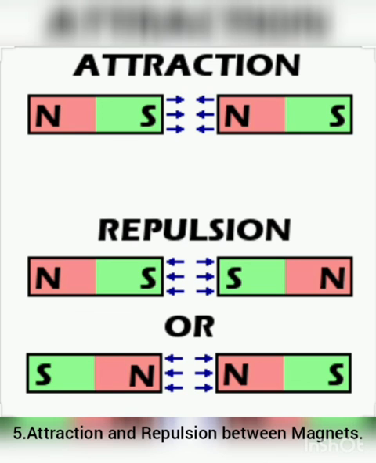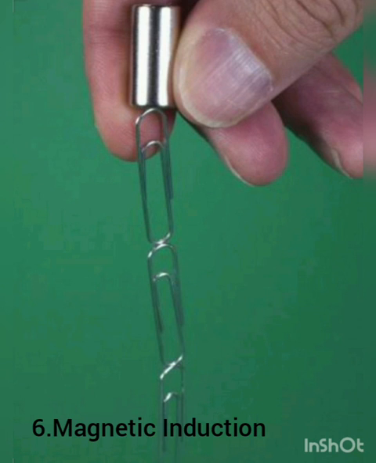Okay, and the last and sixth property of the magnet is magnetic induction. That means a magnetic substance brought near the magnet acts as a magnet. This is known as magnetic induction.